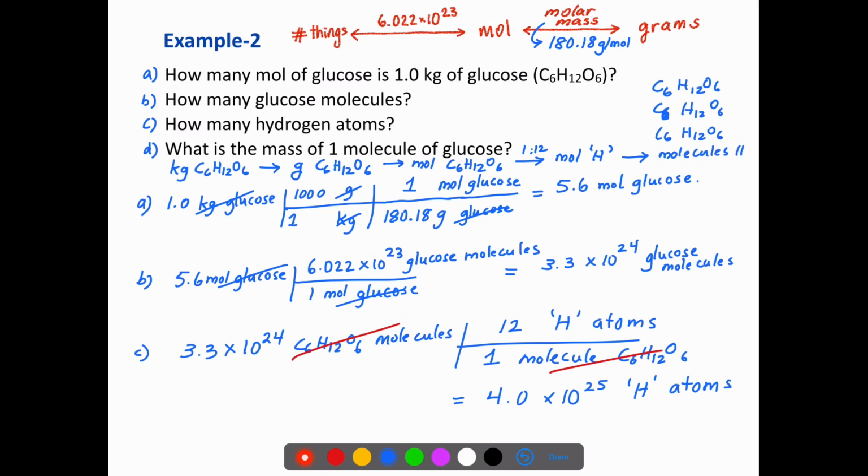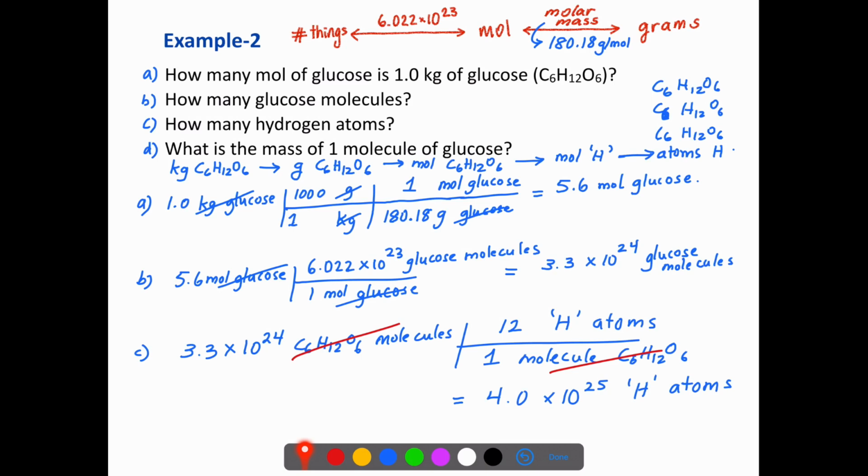I shouldn't say molecules when I have just hydrogens. Those would be atoms. Moles of hydrogen to atoms of hydrogen, using Avogadro's number. If you have that many moles, how many atoms is that? You can find that using the Avogadro number. That's another way to do the problem if starting from kilograms, okay?